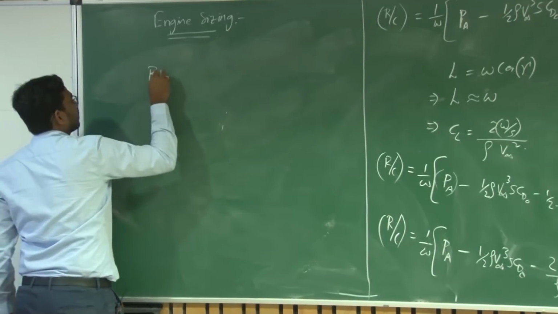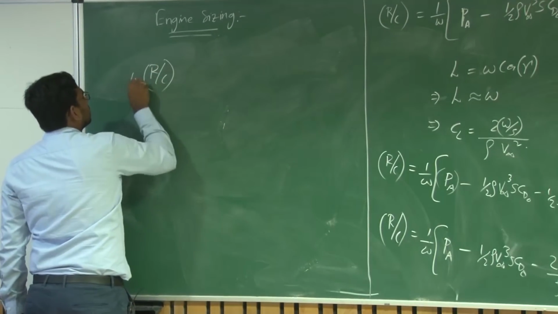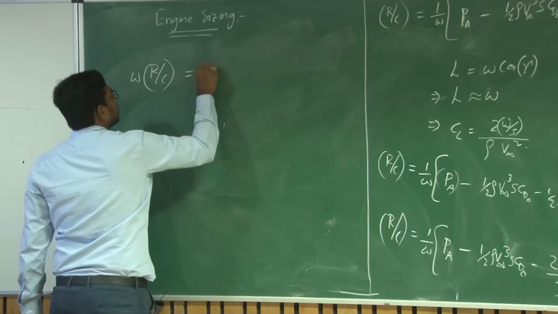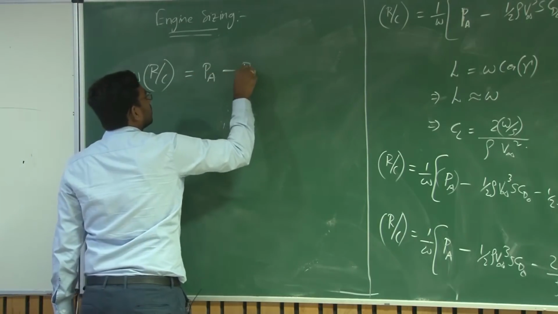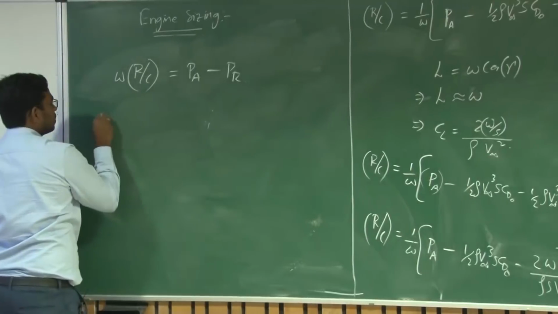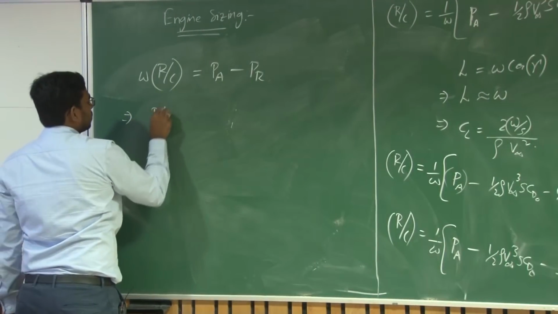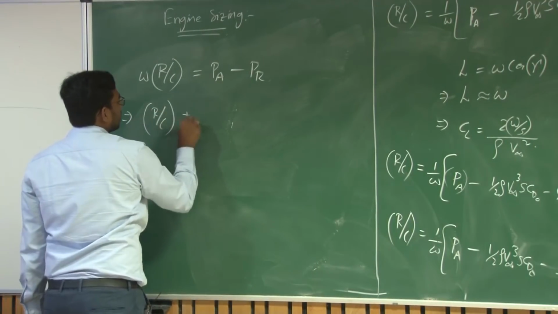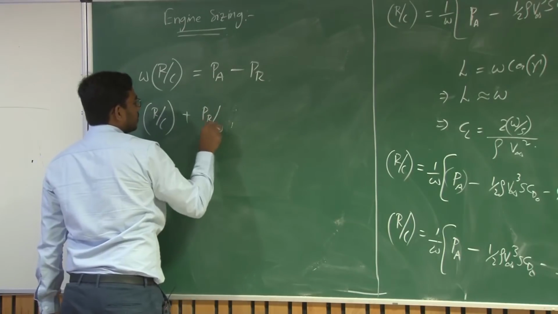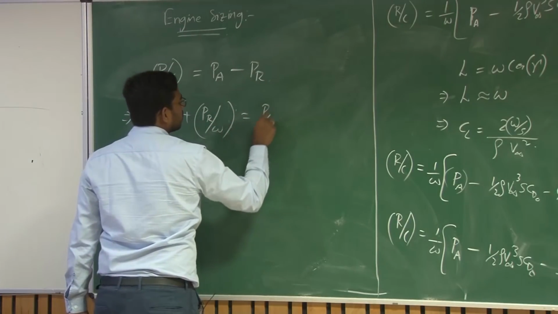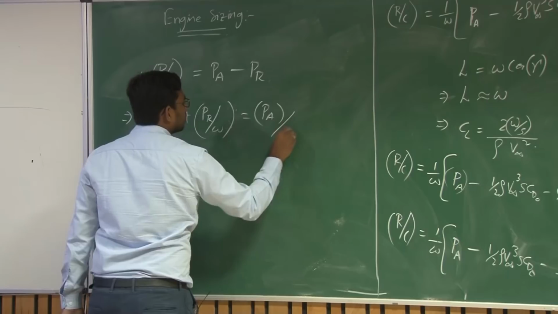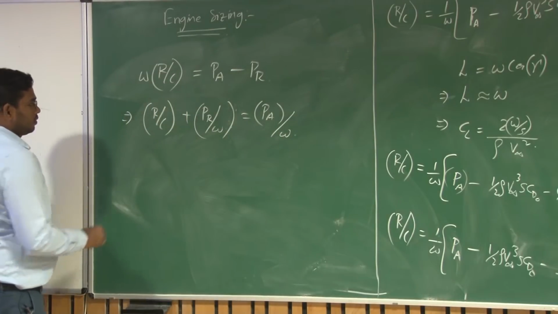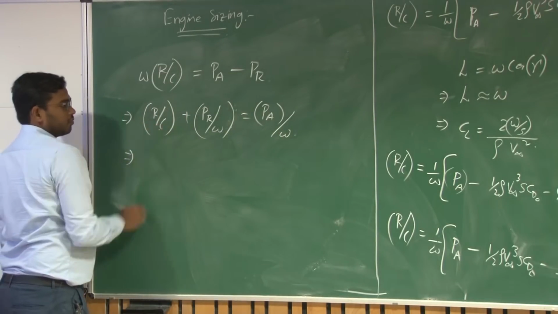So, we have rate of climb into W equals power available minus power required, right. For different rates of climb, consider rate of climb as an input.